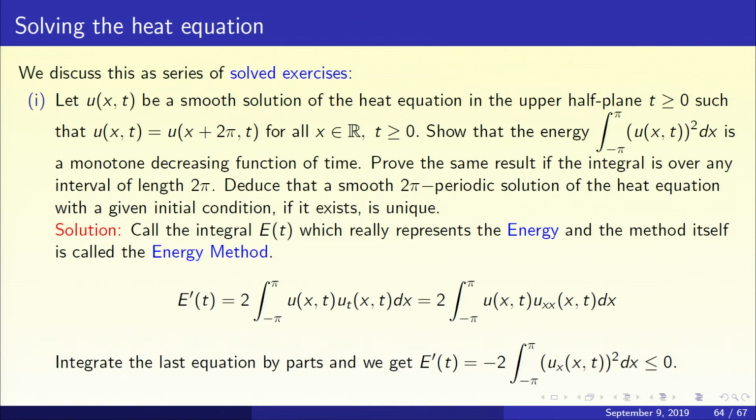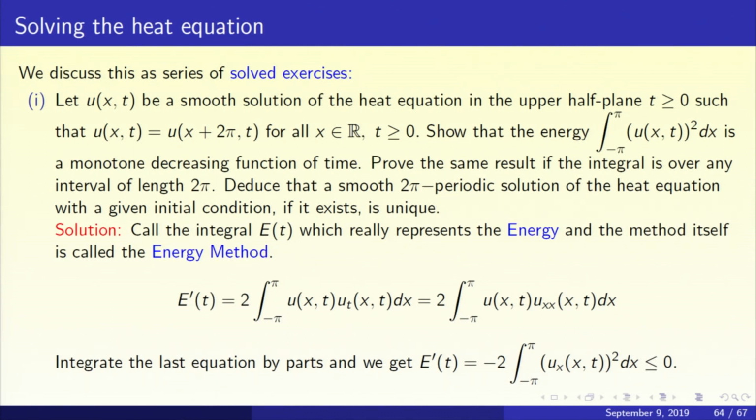You take the derivative under the integral sign. Now what is u_t? Del u by del t, but u satisfies the heat equation. So del u by del t equals del 2u by del x squared or u_xx. So we get E prime of t equal to twice the integral from minus pi to pi of u of x, t times u_xx of x, t dx.